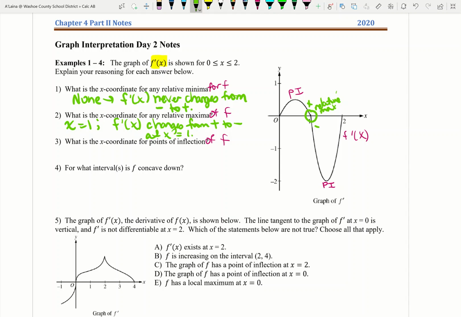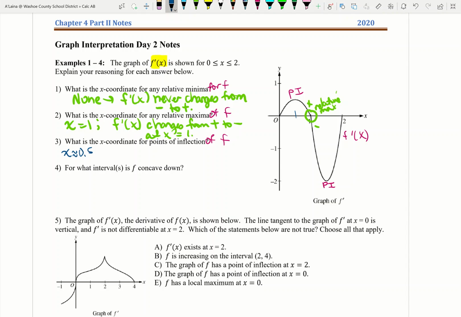Points of inflection for f will be where the second derivative changes signs. Well, graphically, that would be where the slope of the first derivative changes from positive to negative, or the slope of the first derivative changes from negative to positive. Basically, we could make that pretty straightforward by saying approximately, I don't know exactly, I'm going to say that's around 0.5.